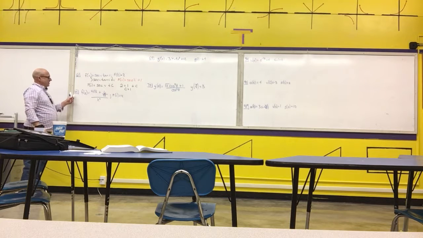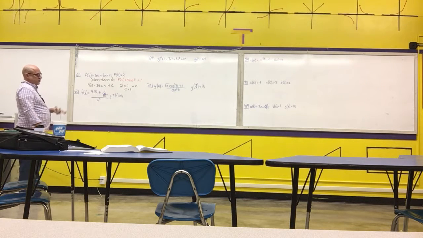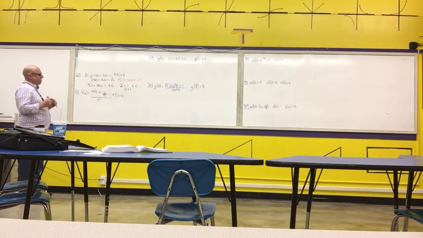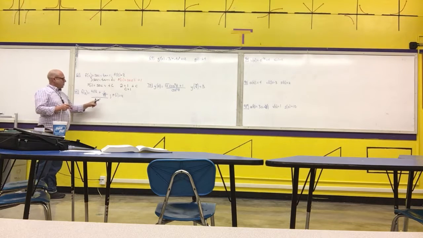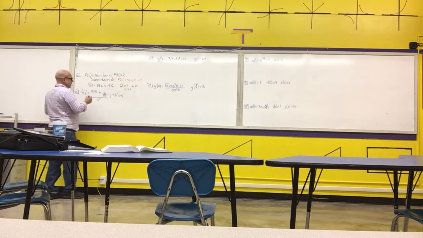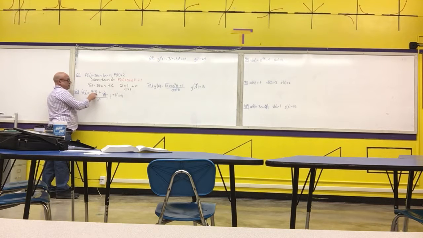The reason I chose 62 is there's a whole bunch of different ways to do 62. What I'm going to do for 62 is divide everything by x squared. First, I'm going to rewrite both of these in exponent form.